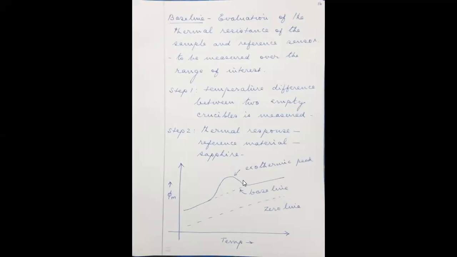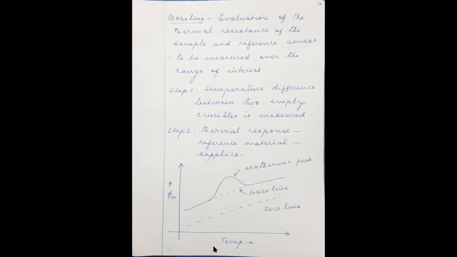The peak goes up and then comes down and then it settles in with the baseline. Suppose if no substance is kept, you will be getting a straight line like this. Actually, we cannot say this is a straight line, but it is an approximate line. So when an exothermic process is taking place, you will have a peak going up and then coming down like this. So sapphire is the reference material which is used in the differential scanning calorimetry.